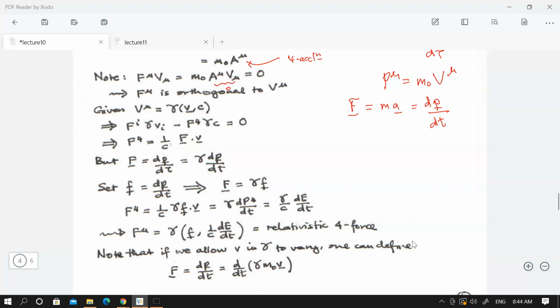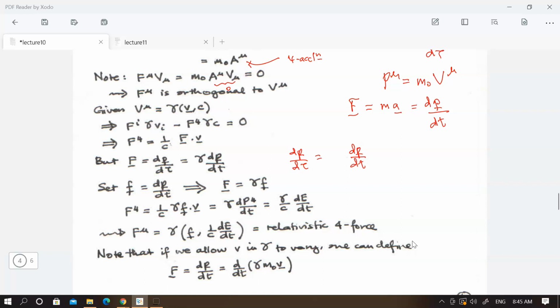If we use the chain rule, we have dp d tau, but we want dp dt, which will be your ordinary force.